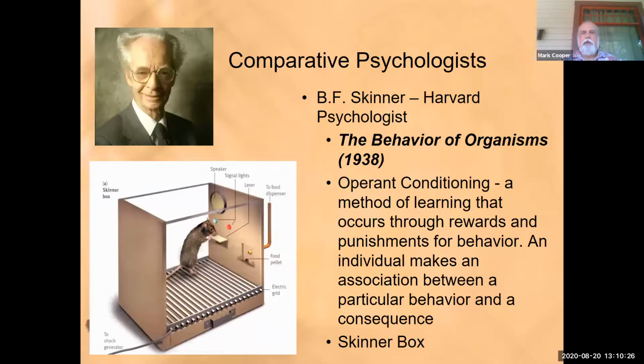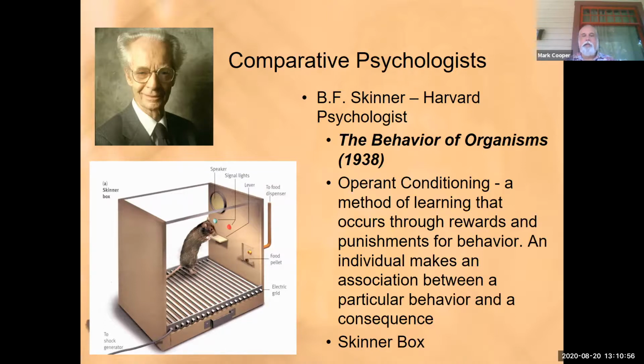All right, the third one and the last one that we're going to do is B.F. Skinner, a Harvard psychologist, and he came up with a thing called operant conditioning. Operant conditioning is a method where you have a behavior associated with either a pleasure or a pain receptor.